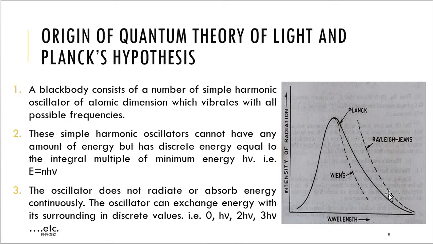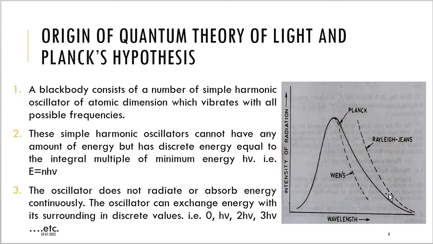But Planck took the same idea and hypothesized 3 points, and then he successfully explained the black body radiation spectrum. He initially thought that the atoms of the black body are simple harmonic oscillators, and they can vibrate with all possible frequencies.